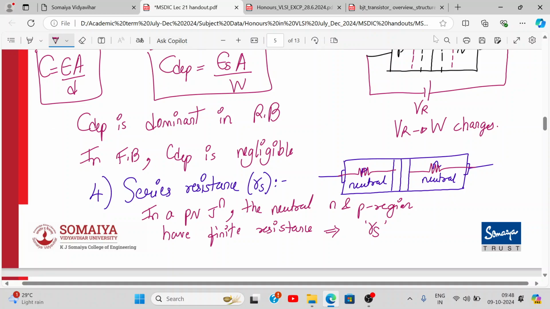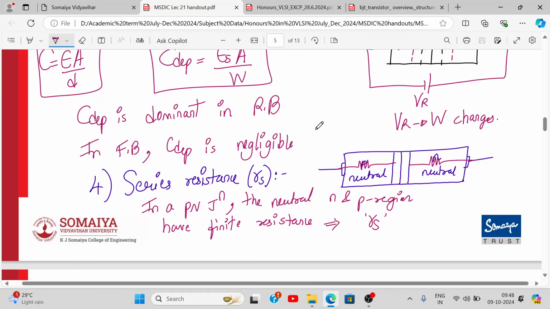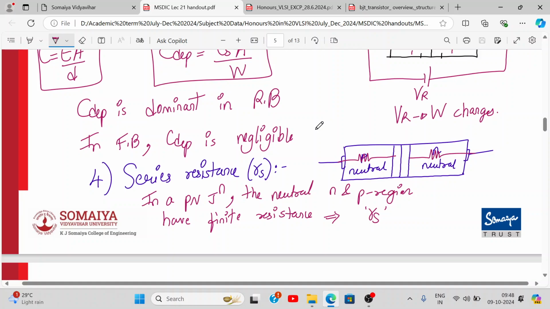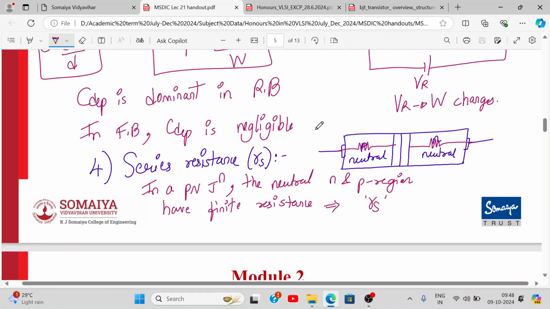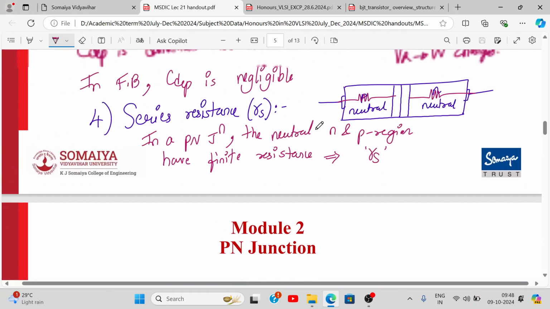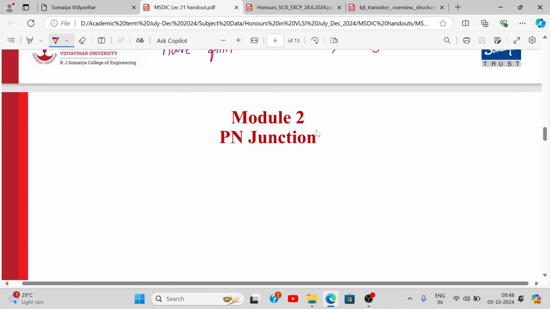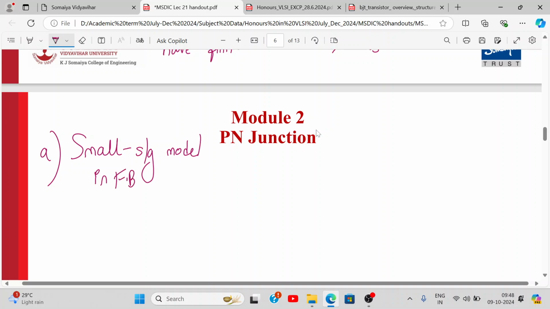Now we'll summarize the entire model. So let's summarize the entire model. Now, let's draw the small signal model in forward bias only.